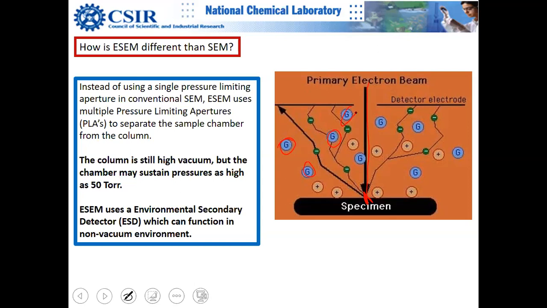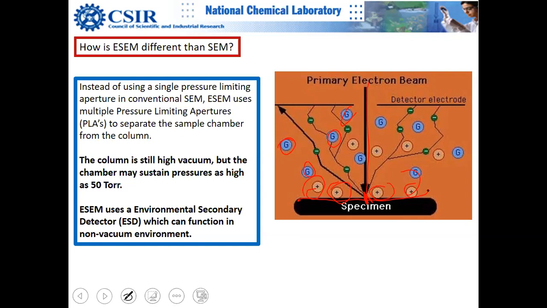There will be positively charged ions floating around here and there, and then there will be electrons. So you have basically two parts, positive and negative. The positively charged particles will form an immediate coating, because they will get attracted towards the negatively charged specimen.